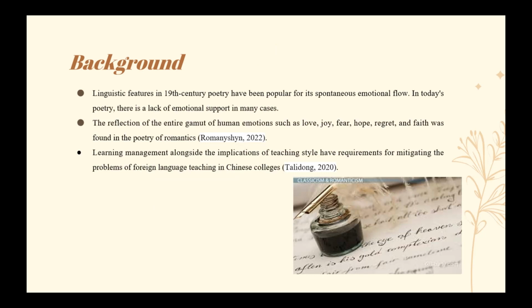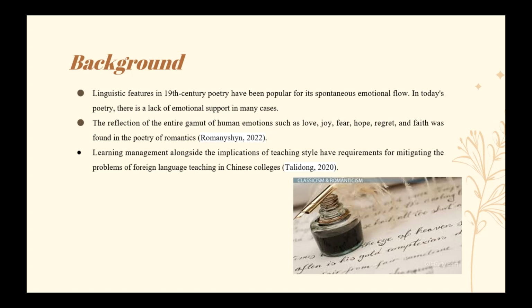the background. The linguistic features in the 19th century in poetry have been popular for their spontaneous emotional flow. Compared to today's poetry, there's a lack of emotional support in many cases.